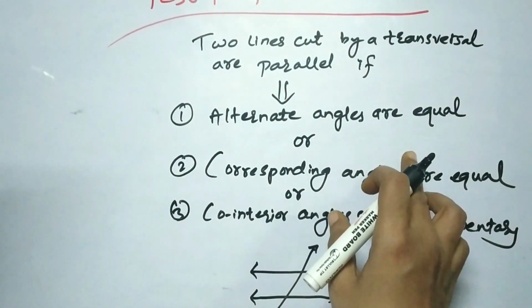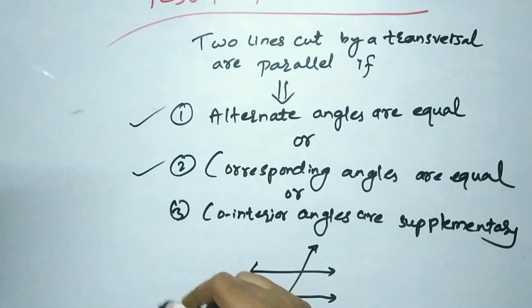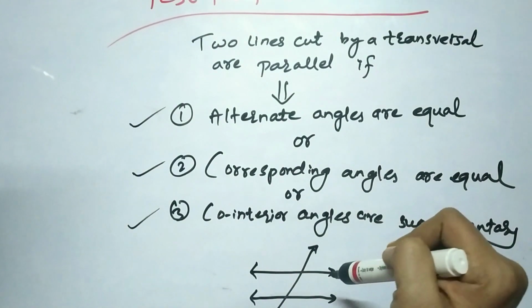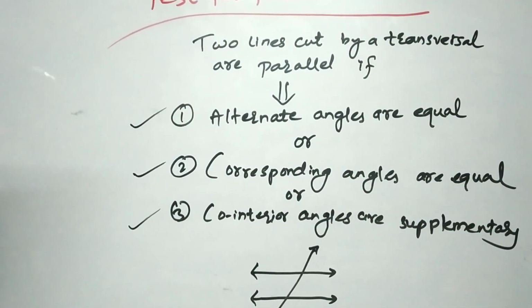Alternate angles are equal, check this one. Corresponding angles are equal, check this one. Co-interior angles are supplementary, check this one. Any one should be true, then you can say the given lines are parallel. Friends, we need to check for any one property. If either of these is true, then you can say that two lines cut by a transversal are parallel.